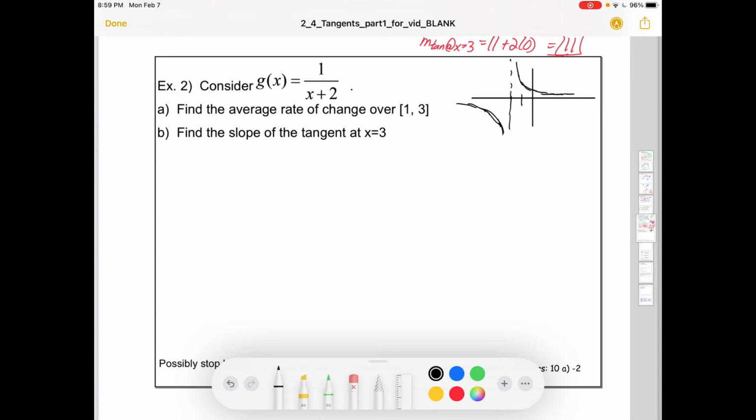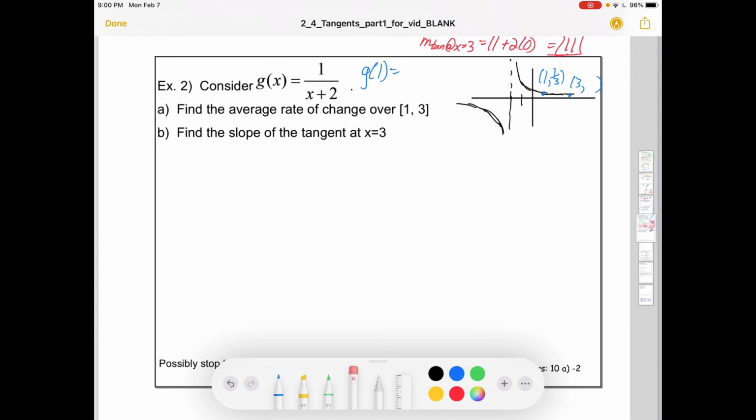So we're wondering, what is going to be the secant slope between 1 and 3? Maybe I'll take up a little less space doing the secant slope this time. If I put in 1 for x, I'd get 1 over 1 plus 2, so that would be 1/3.